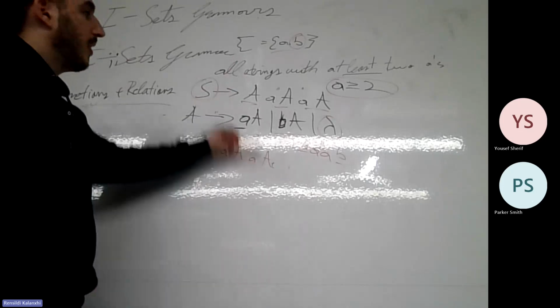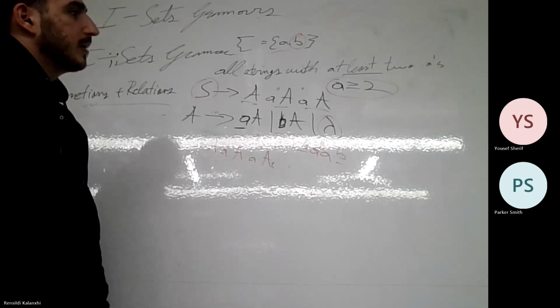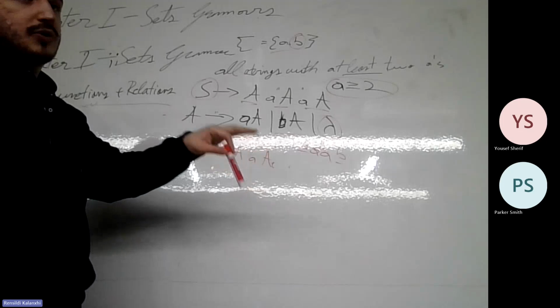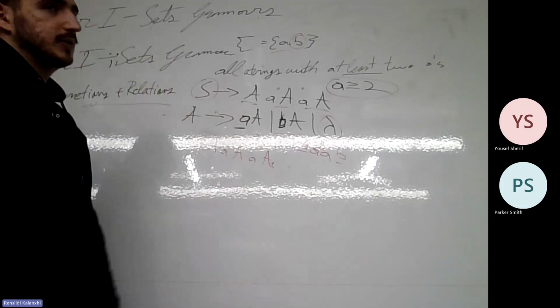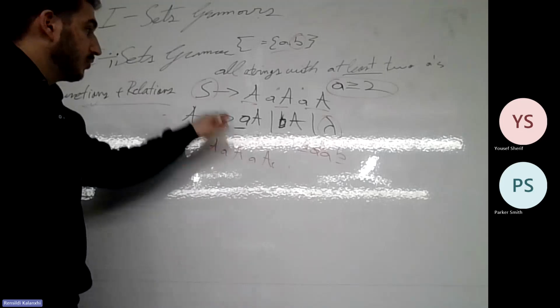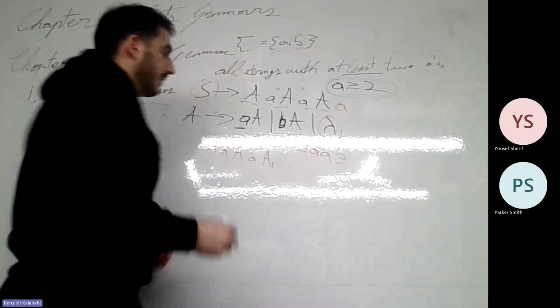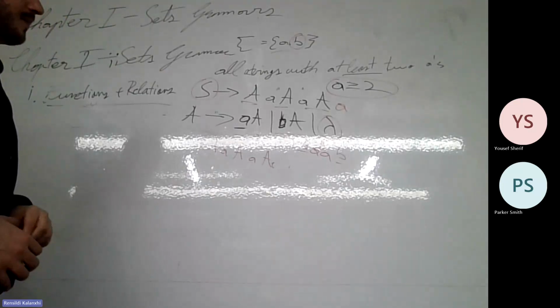So what the problem is asking you to do is give me a grammar where I can put B's anywhere I want, but it has to have at least 2 A's. So what you are doing with the starting one, if you add another A, that would be wrong. You have to have a capital letter ending.